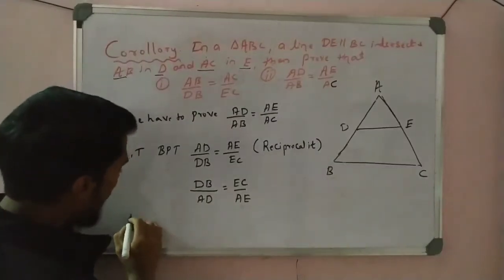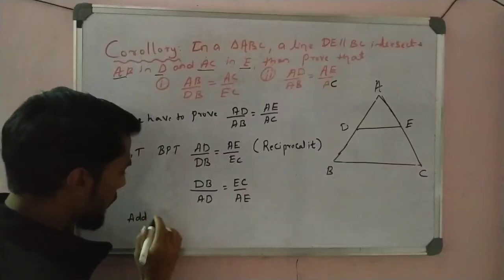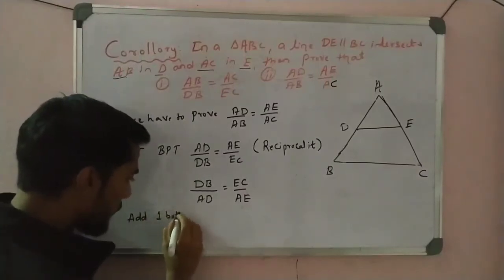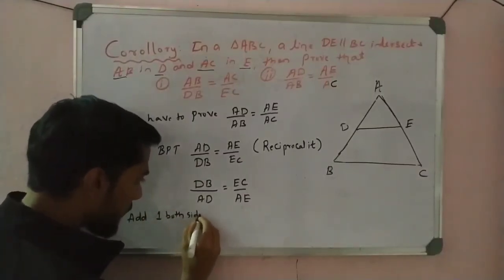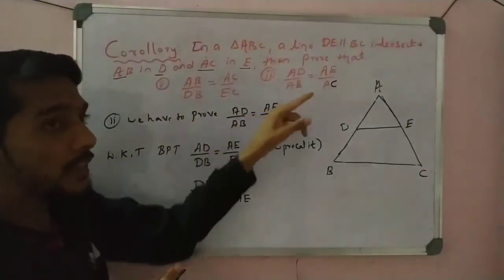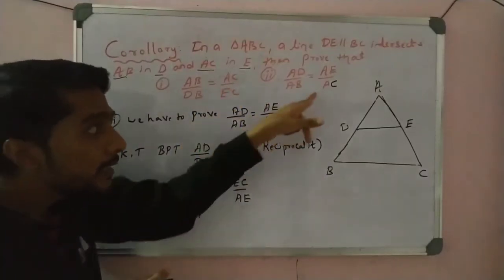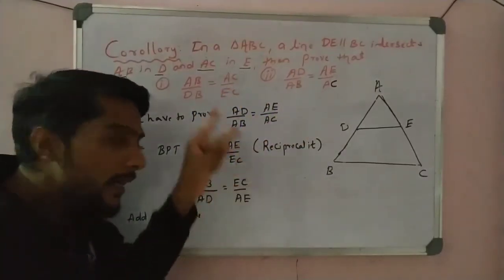Now add 1 on both sides. In the first result we directly added 1, but in the second result we first take the reciprocal and then add 1.